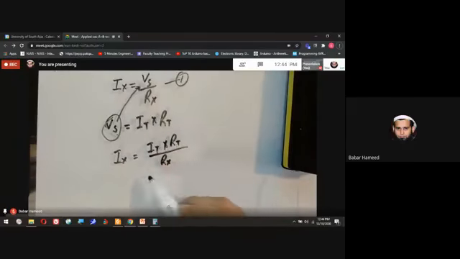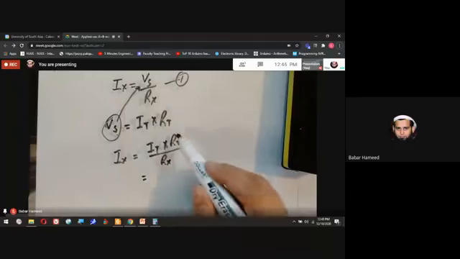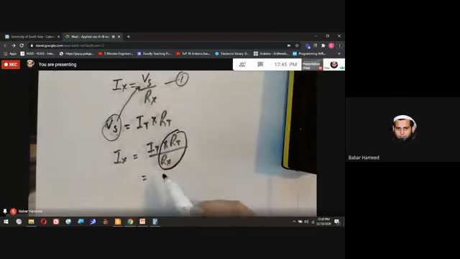So I can clearly say the current of a particular branch is equal to the ratio of total resistance to the resistance of that particular branch times total current.